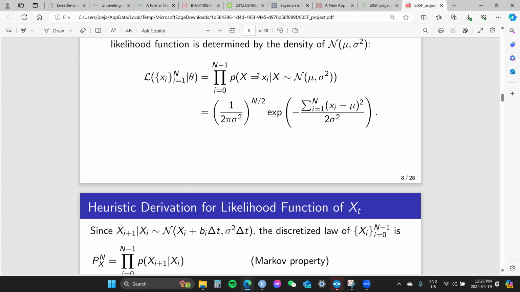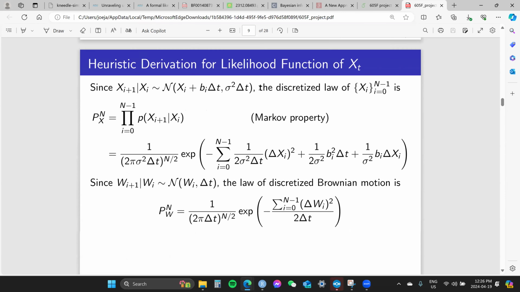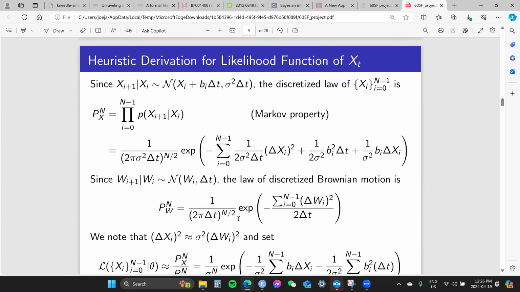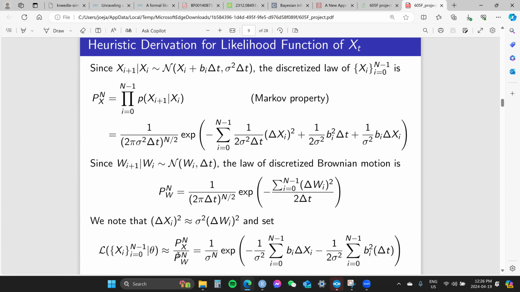This basically is a Radon-Nikodym derivative with respect to Lebesgue measure, but here, because we have a stochastic process, it's going to be absolutely continuous not to the Lebesgue measure, but to the law of Brownian motion. And in the same way, you can do this time step analysis to discretize Brownian motion, and then the Radon-Nikodym derivative is, because it's discrete, this heuristic argument is just dividing one by the other.